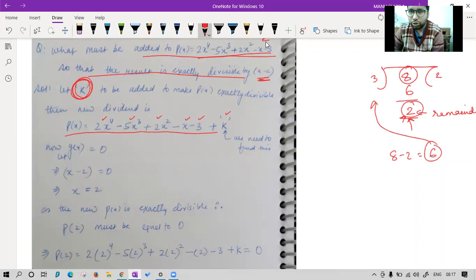This is our new polynomial, and we know after adding this number, this whole polynomial is now a multiple of x minus 2. So we can say the zero of x minus 2 is 2.